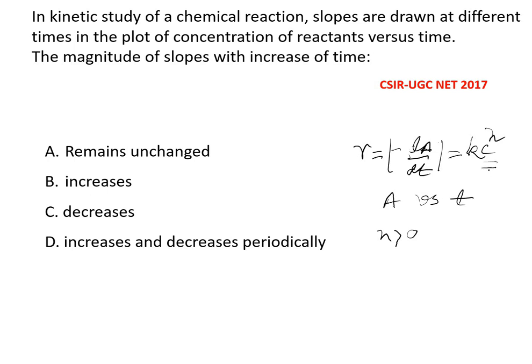So if [A] decreases, then k[A]^n decreases, since n is greater than 0. So the magnitude of the slope also decreases. So this is the correct option. Option C is the correct answer. Right.